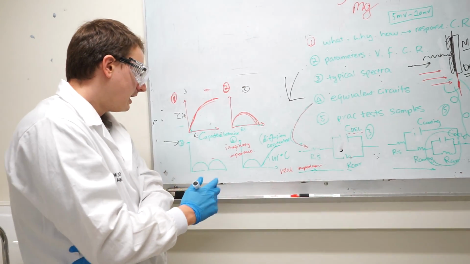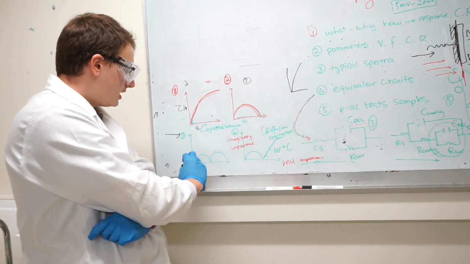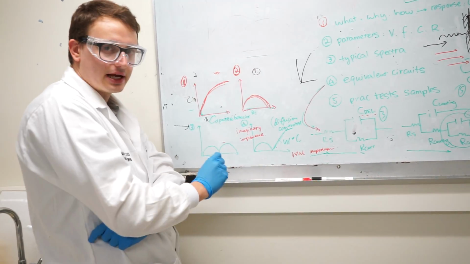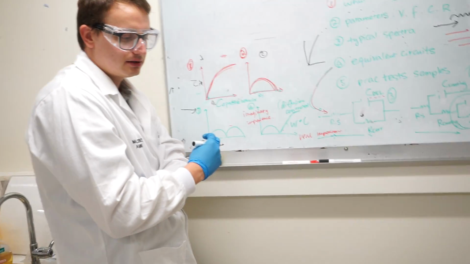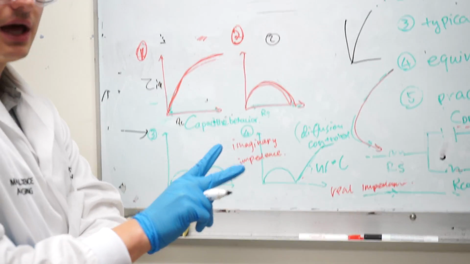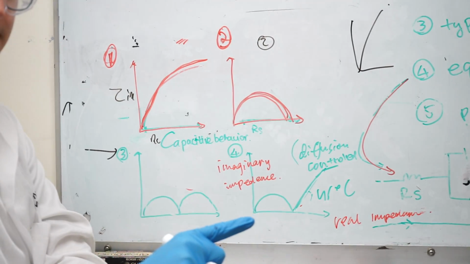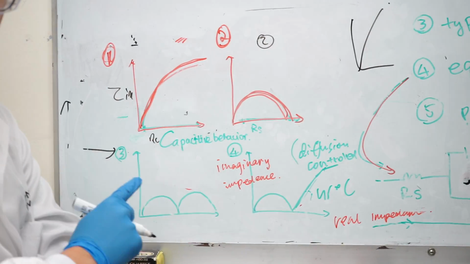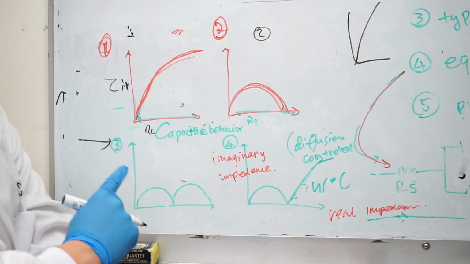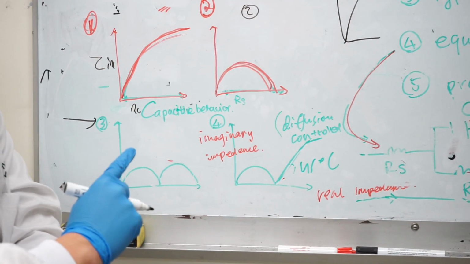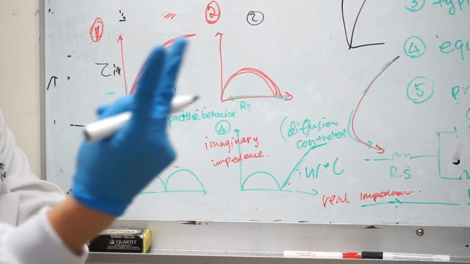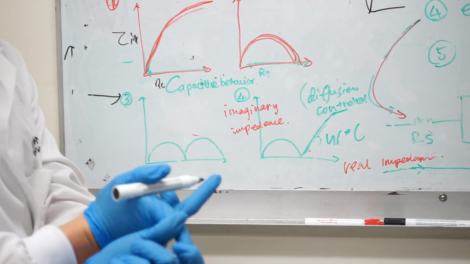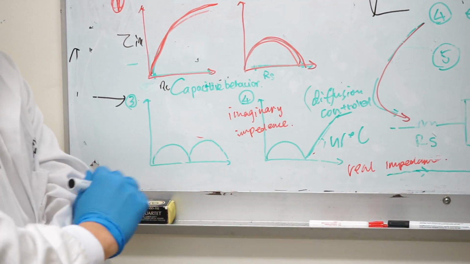In that case, you have two semicircles, which represent both the AA capacitance and resistance, and also the coating resistance. This is when your coating has damage. If your coating is damaged, the potentiostat will get two kinds of signal: the signal from the exposed sample and the signal from the coating. That's why there are two semicircles.